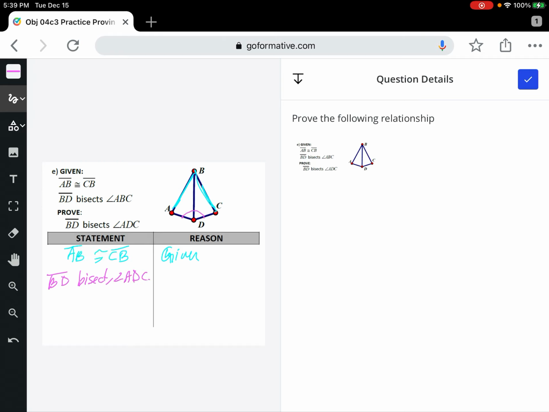So BD bisects this angle right here. If that's true, okay, so that's given, then I know this angle and this angle have to be congruent. I know angle ADB must be congruent to angle CDB, definition of bisect.